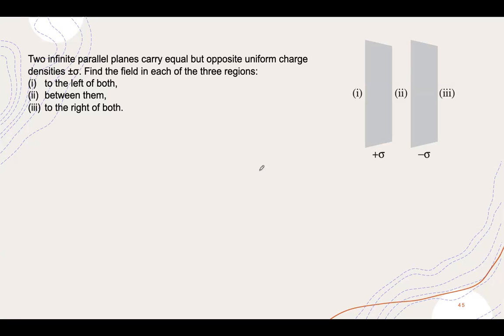You know from this that for a surface charge, the electric field is sigma over 2 epsilon naught. Think about the field lines, from which we developed the concept, and then we talked about the electric field, electric flux, and so on.